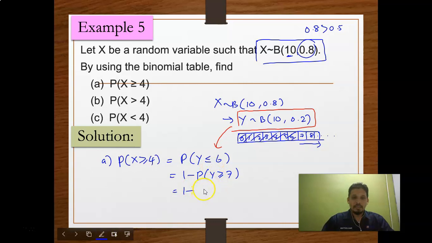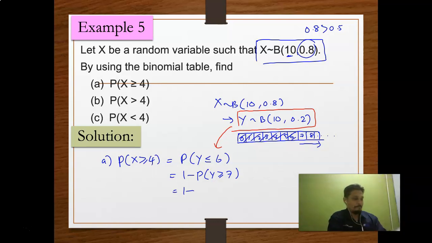Then refer to the statistical table where n, the number of trials, equals 10 and the probability of success is 0.2. Turn to page 6.